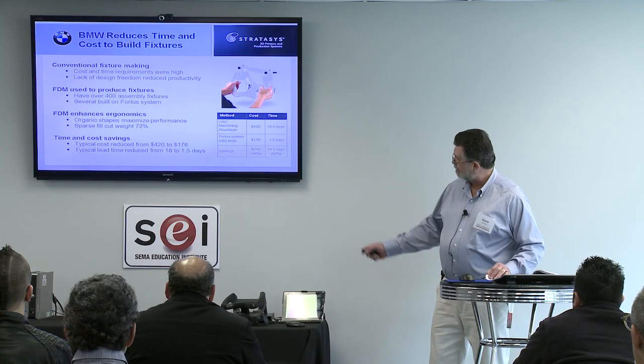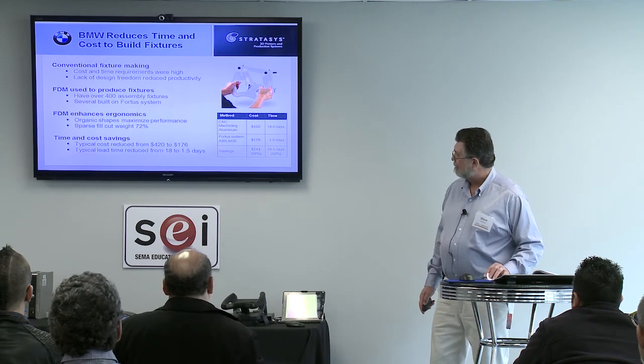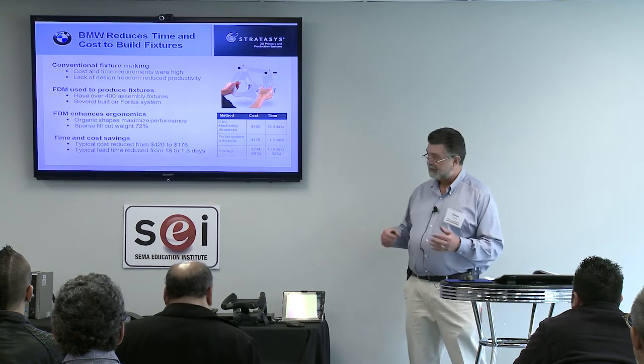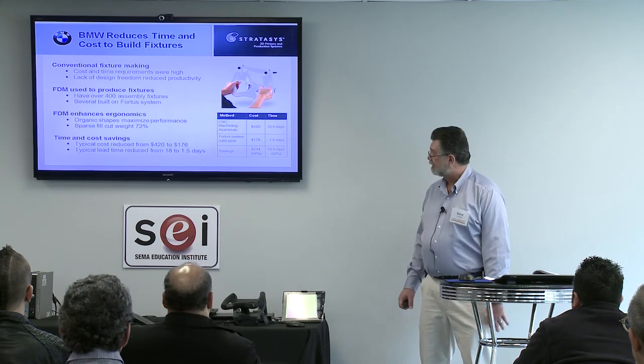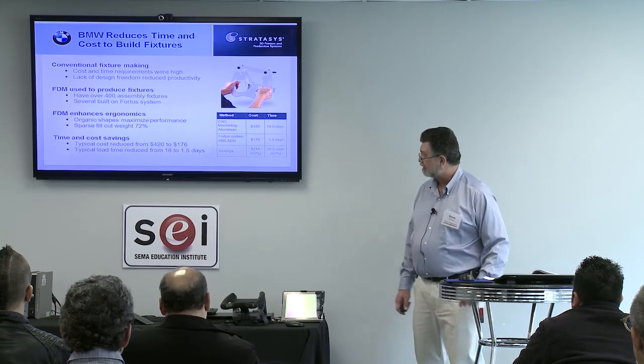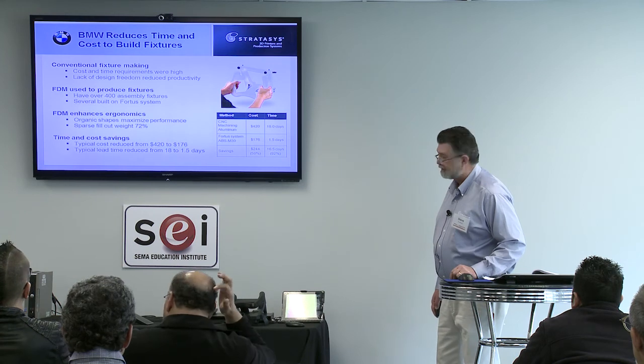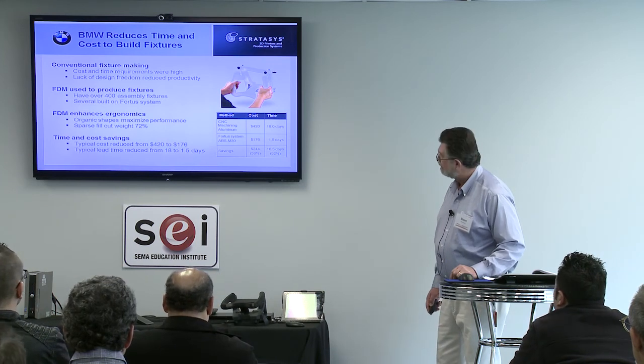I guess I kind of missed this, but let's back up a second and look at the costs here. You know, CNC machining, you have lead time. You've got to get this in, you've got to get an operator, you've got to get skilled people to manufacture these. Cost, $420, 18 days to get one fixture.